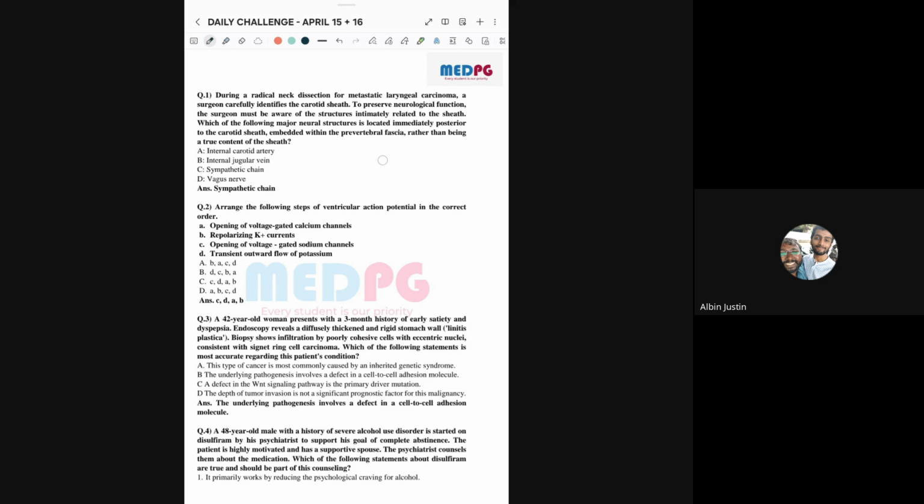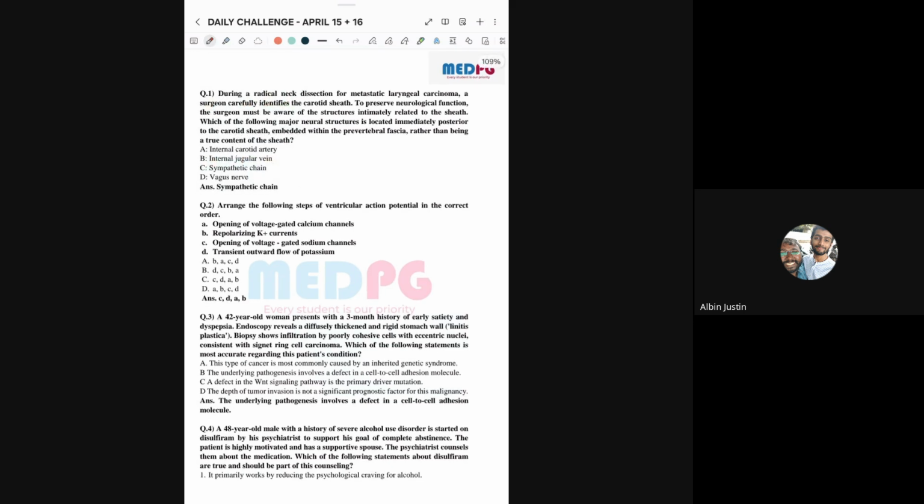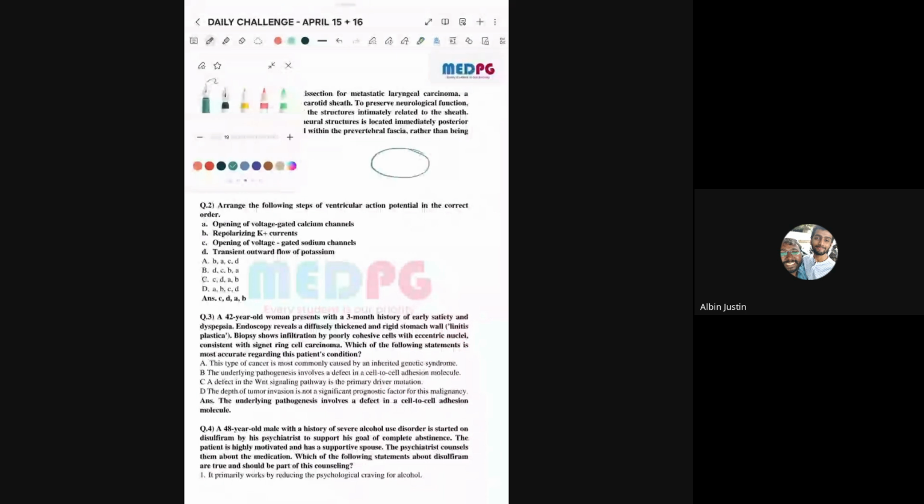Okay, so I will use some colors. So this is the sheath. You have something like this. Yeah, thank you, Swati. Very good, very good. You're right. So, something like this.